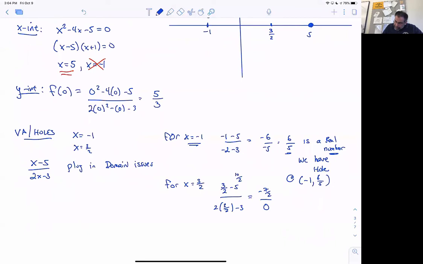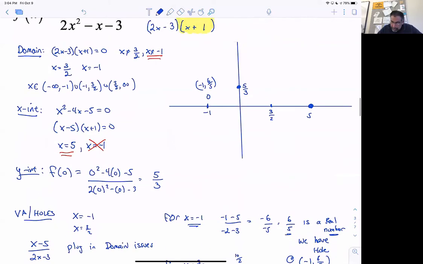But the point is, this is a number over 0. And that means we're going to have a vertical asymptote. This is going to be an infinite result. So as a vertical asymptote, we're going to come back up here to the 3/2, and we are going to draw a dotted line because our function is going to infinity or negative infinity there.